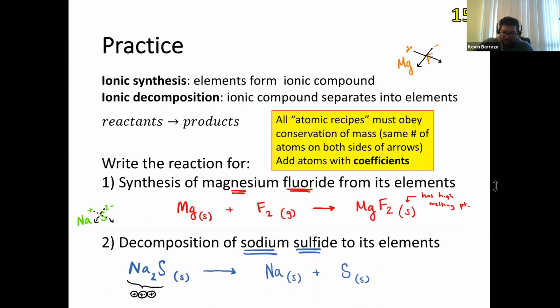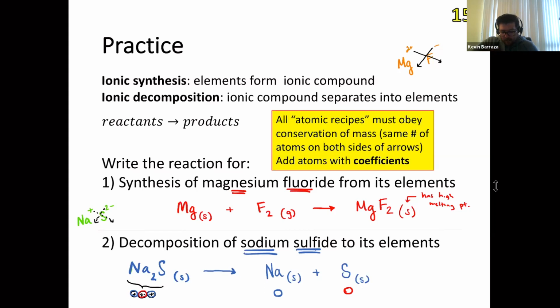But, and maybe I should color code it, so maybe this is the blue, we've returned to 1 sodium and 1 sulfur. So there is a tiny problem in that this recipe has some of our atoms disappearing all of a sudden. So that's where this yellow box comes in.